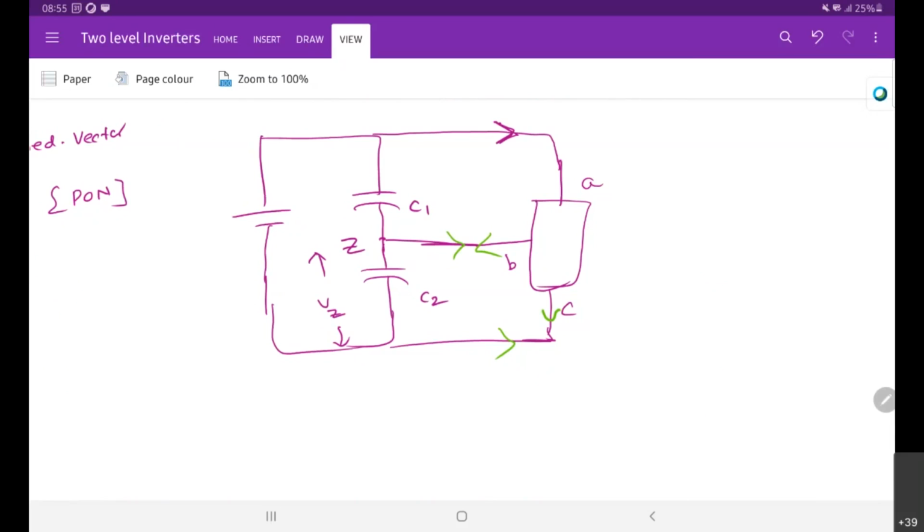If the C phase current is less, then the B phase current is positive. So you are not sure whether the current is in this direction or this direction, because it also depends on the magnitude of the C phase current. So in this case we cannot justify whether this voltage VZ is increasing or decreasing. So this state is undefined.